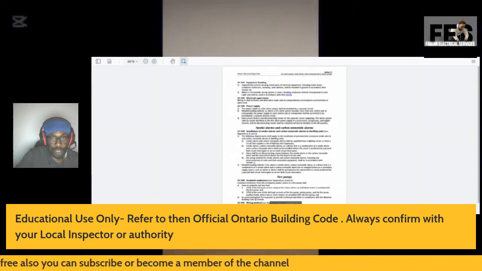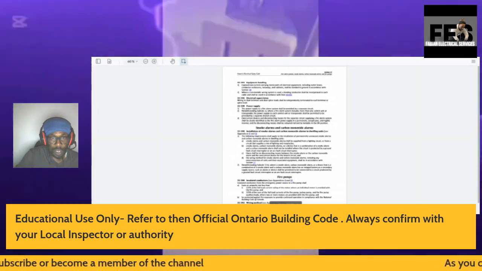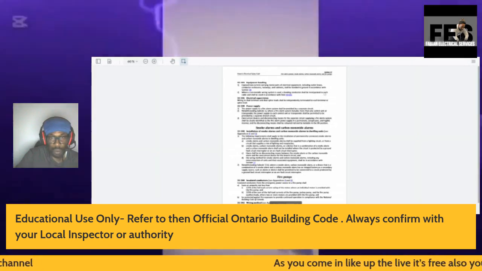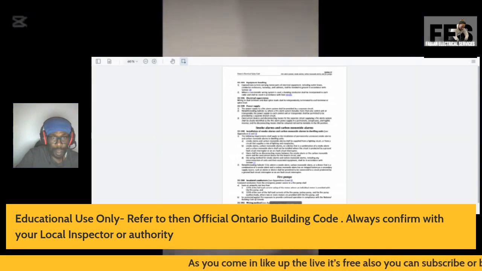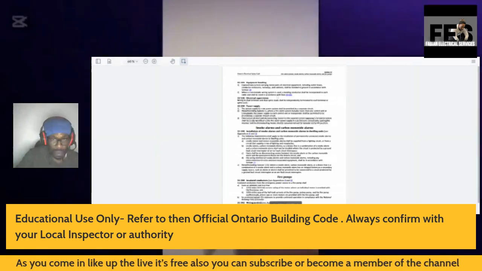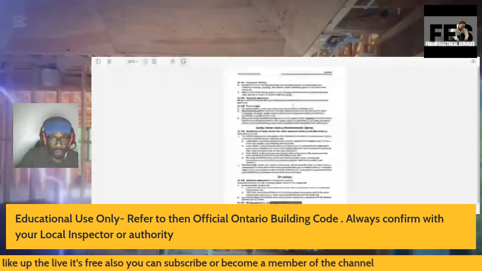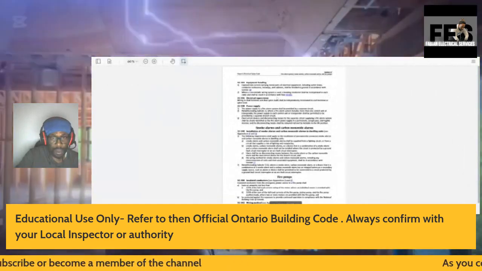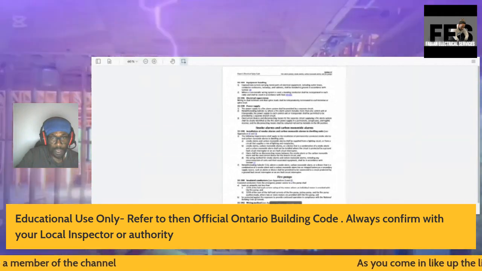That means the boxes and metal parts. Where a non-metallic wiring system is used, a bonding conductor shall be incorporated in each cable and shall be sized in accordance with Rule 10-16.